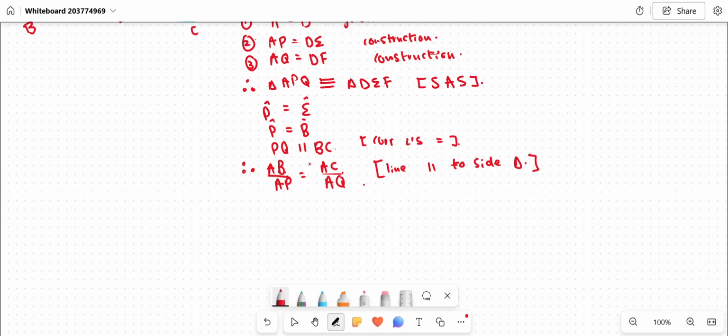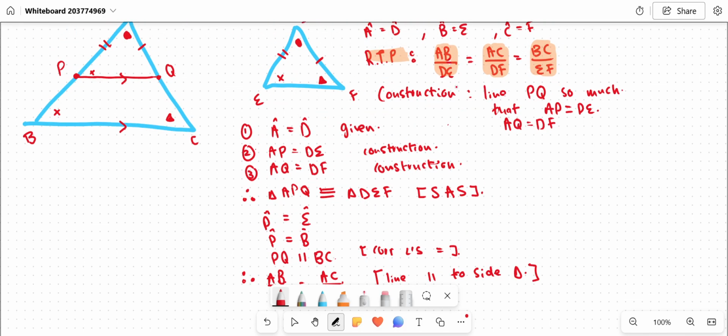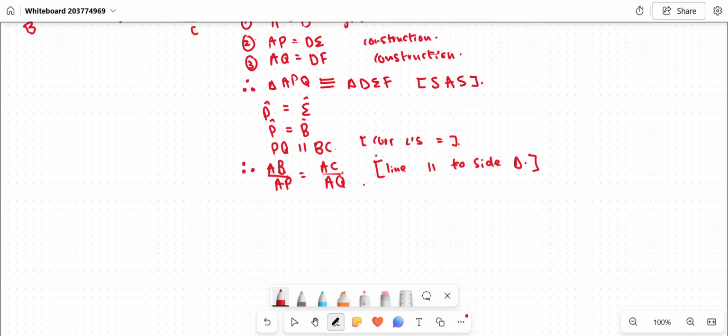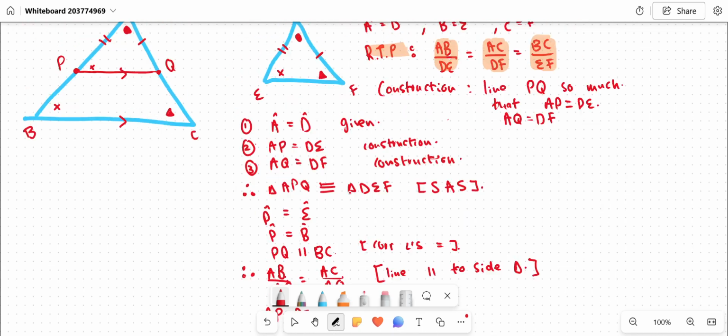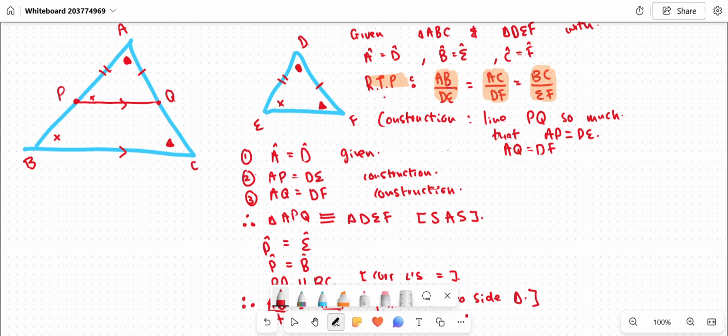But I see that this is not exactly as what I have up there. This one is saying the sides from the two different triangles are the ones that are proportional, not the sides on the same triangle. Ooh, but then, from my construction, I did say that AP is in fact the same as DE. Let's just go back up. Yes, it's exactly that.